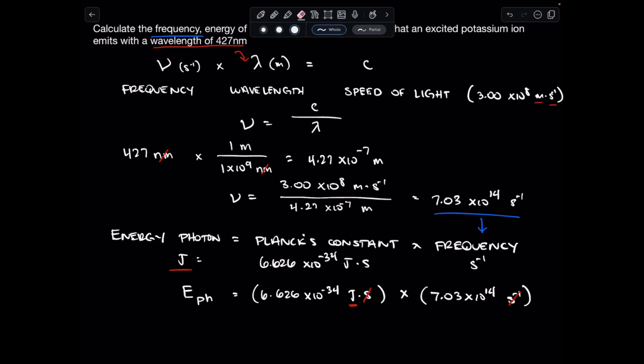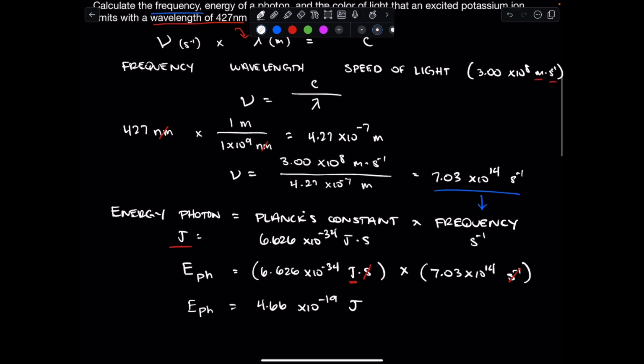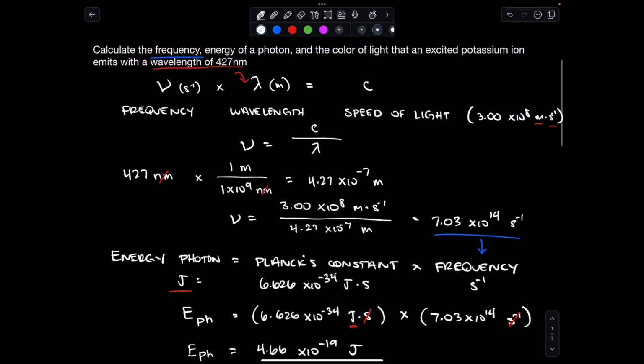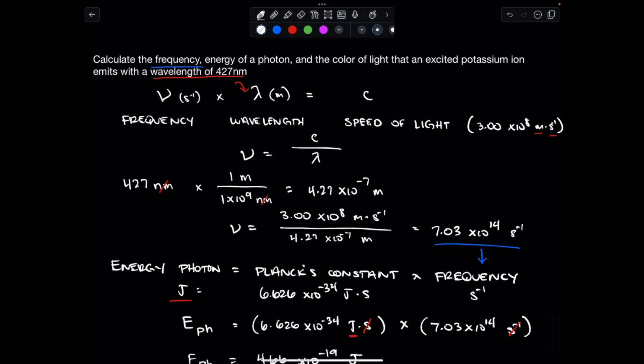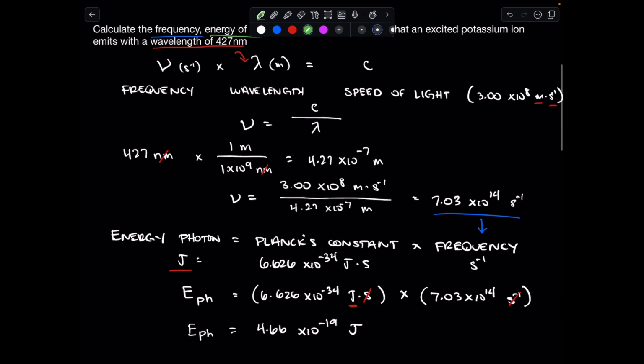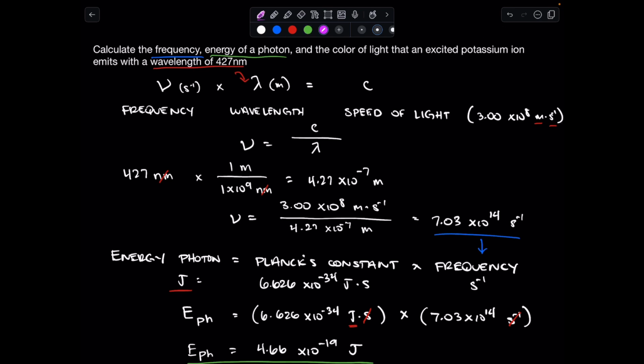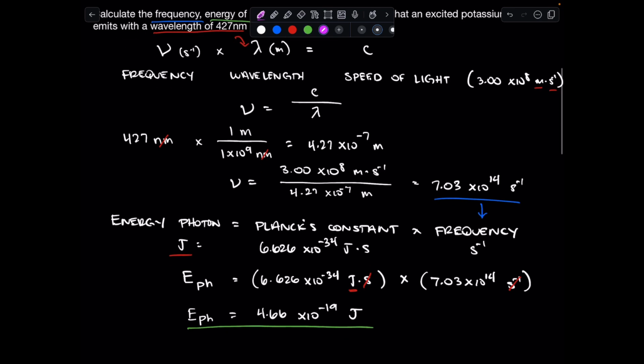Once we multiply those together, E of our photon is going to be equal to 4.66 times 10 to the minus 19 joules. So now we have solved for the second part, the energy of a photon. Now on to our last one, which is the color of light.